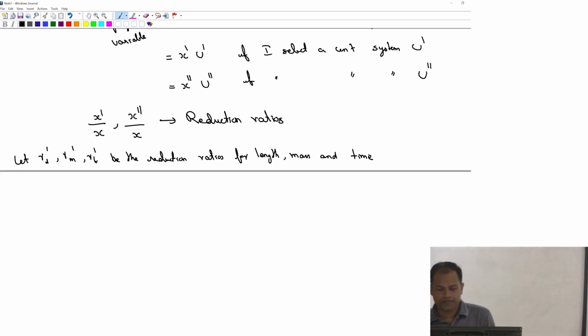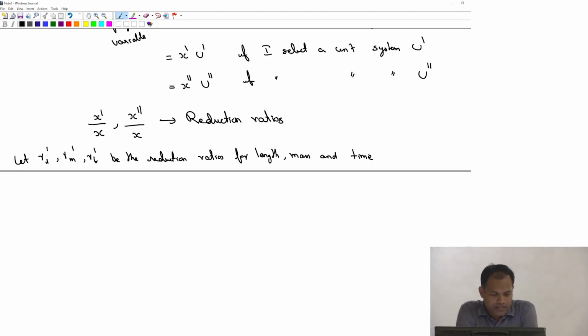R_L prime is, for example, the reduction ratio for the length. When I am changing from unit system u prime to unit system u, what is the number that I should be multiplying with? That is R_L prime if I am talking about length, or if it's mass, let's call it R_M prime. If it's time, let's call it R_T prime.